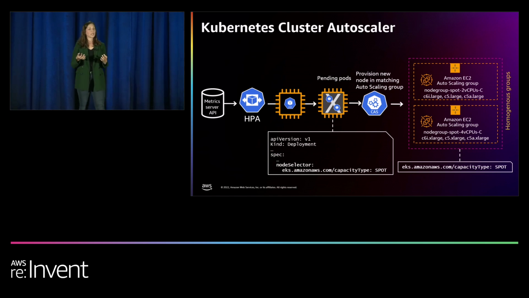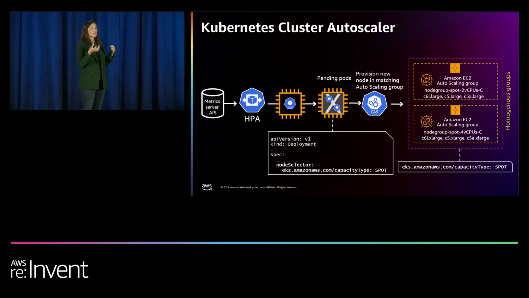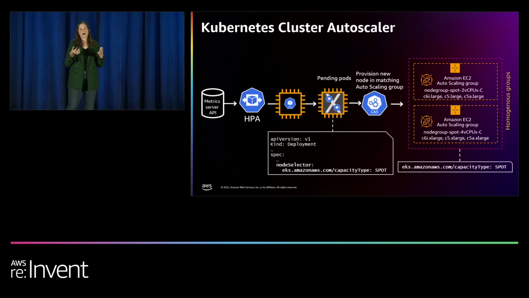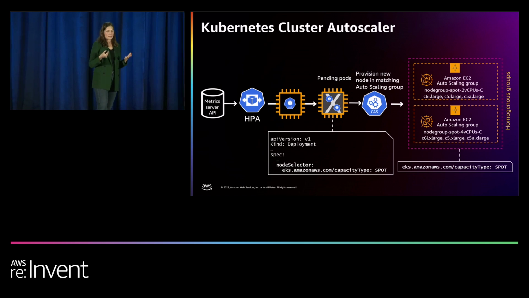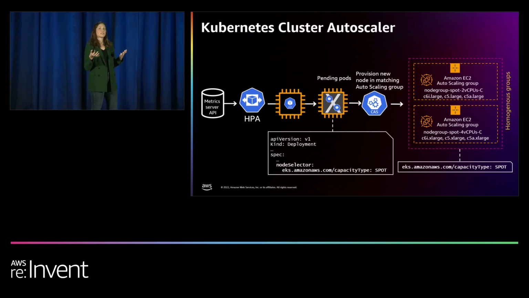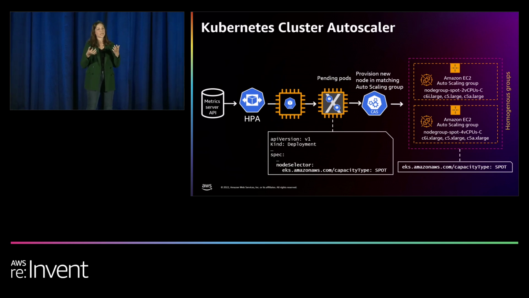You can't combine spot with on-demand, and you can't combine instances of different sizes. So you remove a lot of the benefits that we had in autoscaling groups. And that adds a lot of complexity, because if you want to have the flexibility to use all the compute options that you have on EC2, you need to maintain a lot of autoscaling groups.